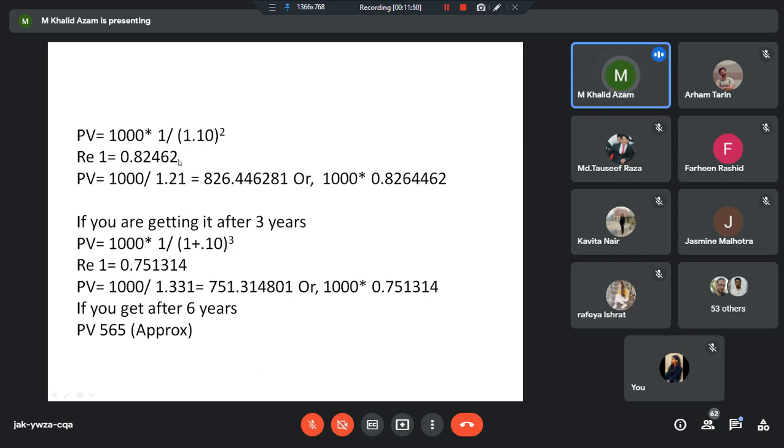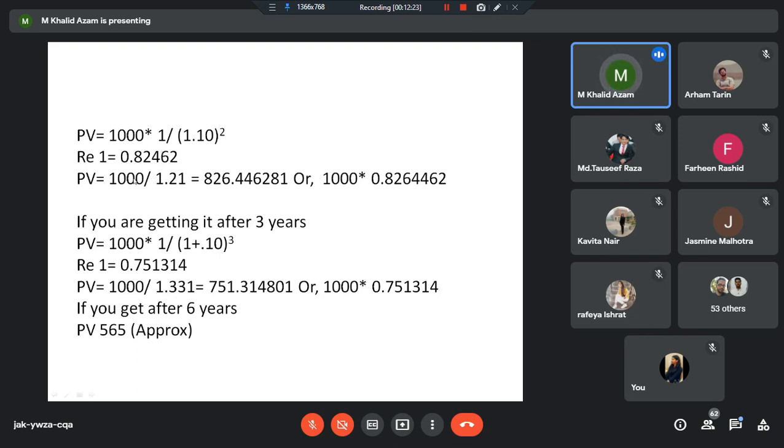So the value of 1 rupee, the value of this factor, 1 divided by 1.1 to the power 2, for 1 rupee, it is coming 0.82462, something more. But here we will be using 0.826 or 0.824, or we can use 0.825, depending on the 6. So we can convert to 5 also, we can go up to 4 also, not much of a difference.